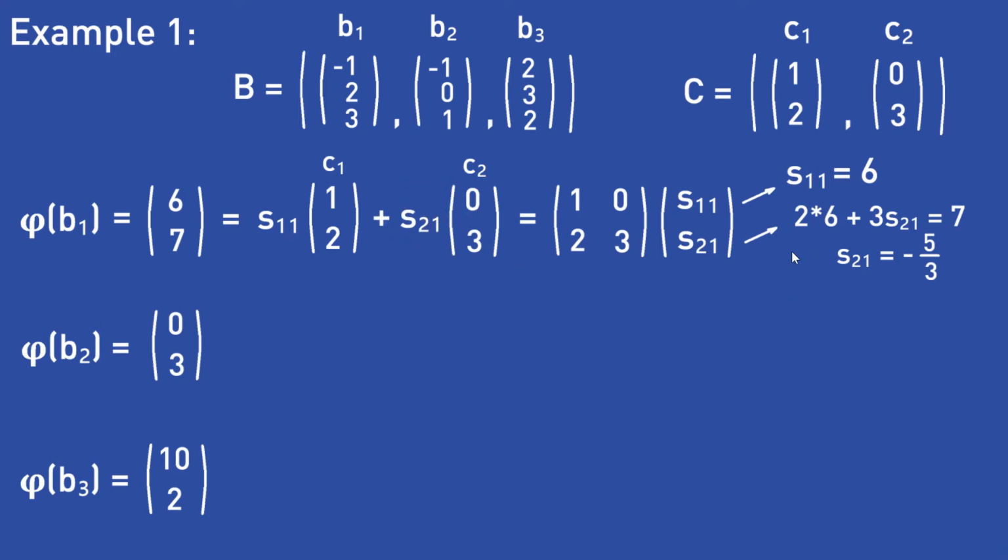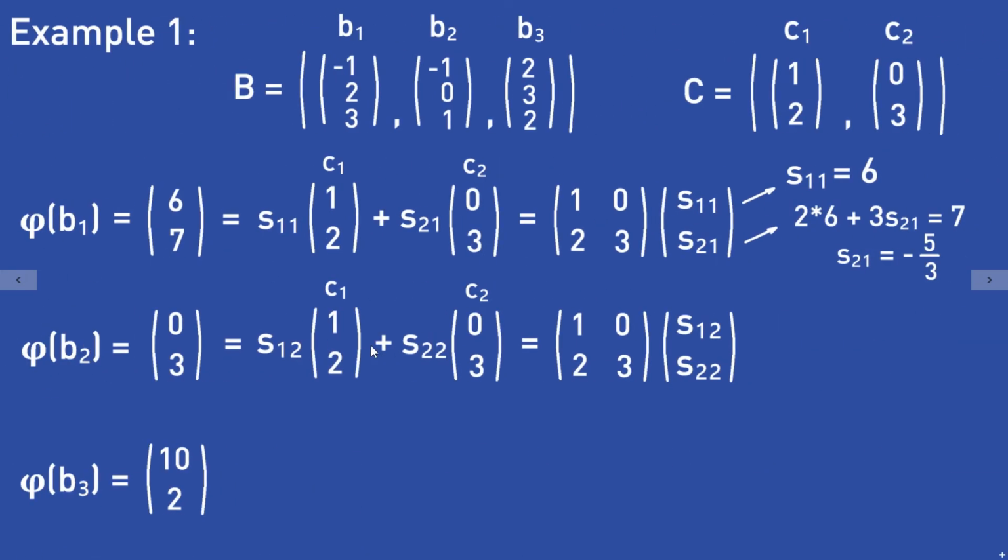We have to do the same thing for phi b2, which is equal to 0 and 3. So we have to write phi b2 as a linear combination of the basis vectors c1 and c2. We are interested to find these two coefficients S12 and S22. We can rewrite this by using a matrix, and then we get the following linear equation system.